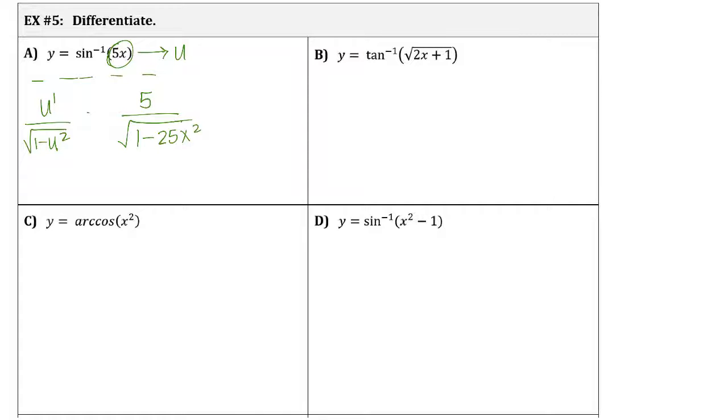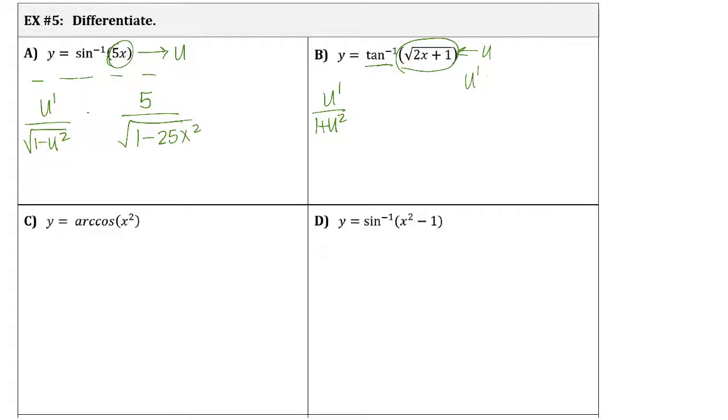Now let's try that with part B. And again, the formula for the derivative of inverse tangent is going to be u prime over 1 plus u squared. Now we do have to define, well, our u value is all of this inside here. That's going to be u.